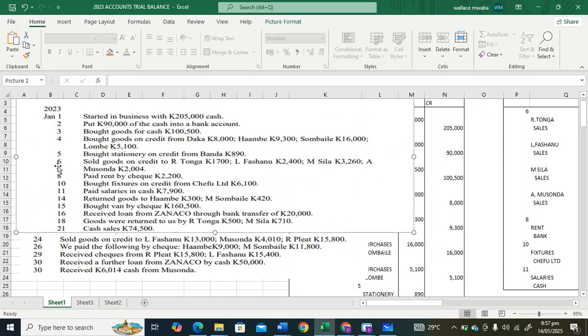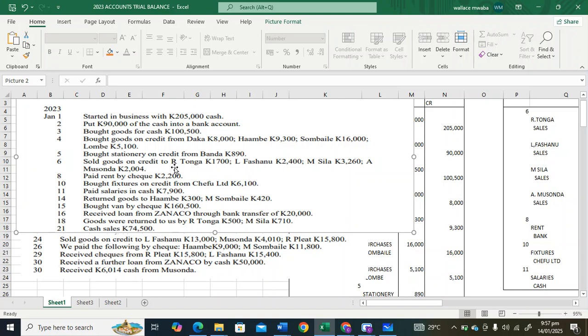So we're on transaction six. Sold goods on credit. Let's start with Atong. Sold goods on credit to Atong. So colleagues, which accounts are involved? The transaction that's going on here is a credit sale.